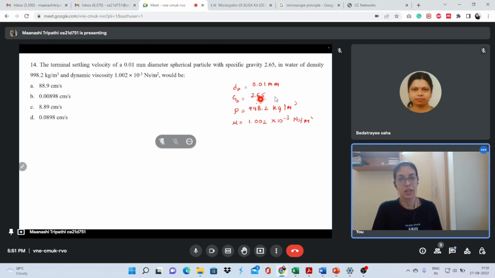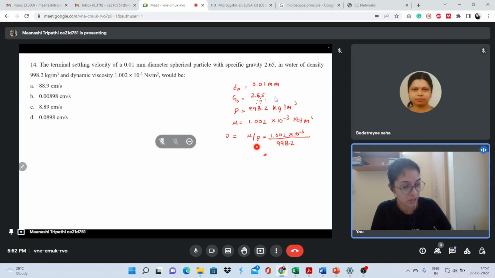There is one thing, kinematic viscosity and dynamic viscosity. So kinematic viscosity is equal to dynamic viscosity divided by the density. So 1.002 into 10 raised to power minus 3 divided by density of water, 998.2.